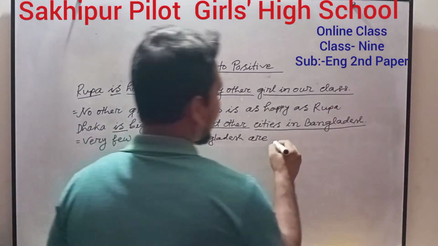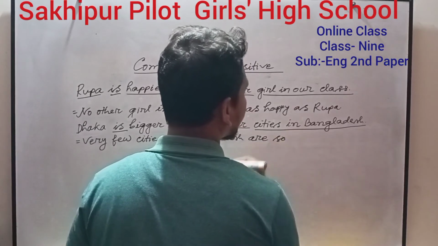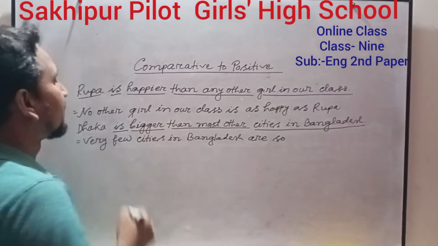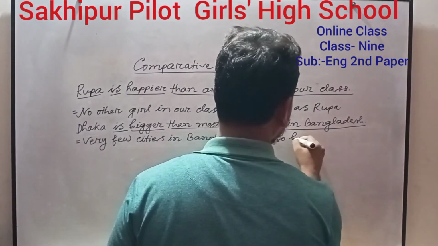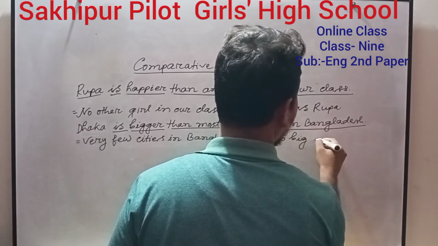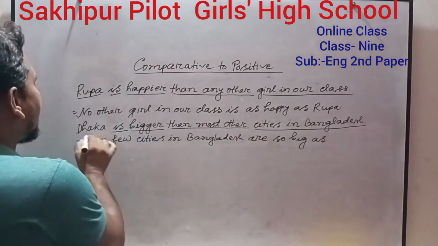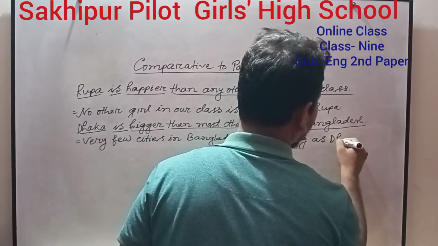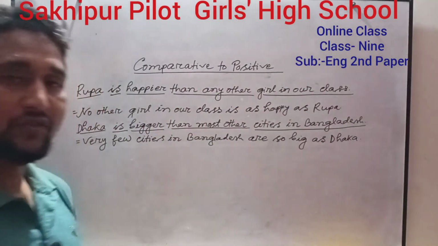Then you have to write so or as, which is the feature of positive degree. Then you have to change this adjective into positive form, big. Then you have to write another as. After that you have to write the first noun or pronoun, Dhaka. Now is it clear to you?